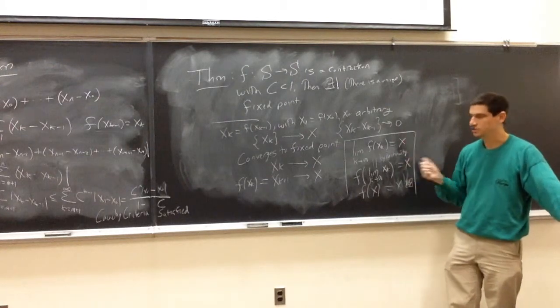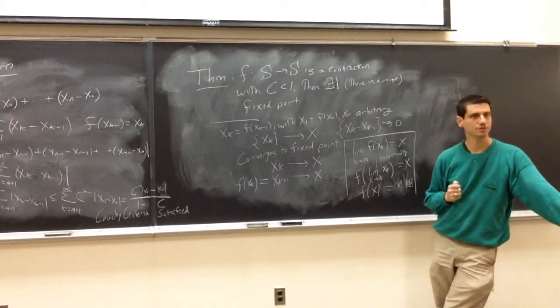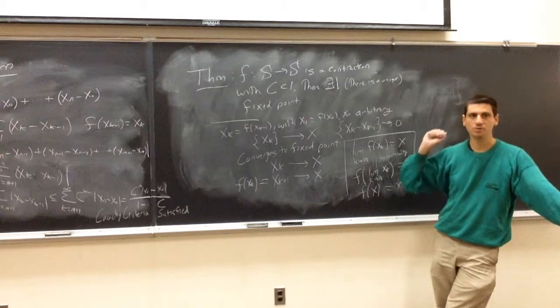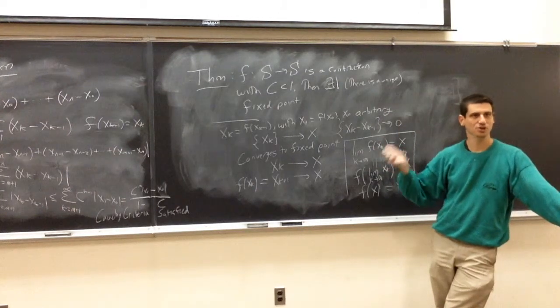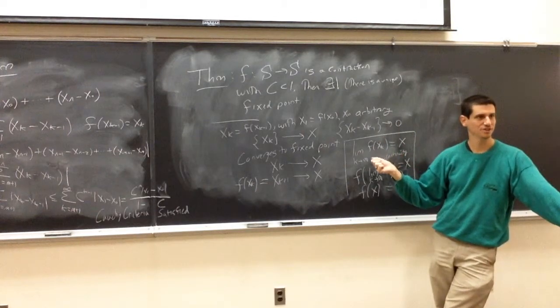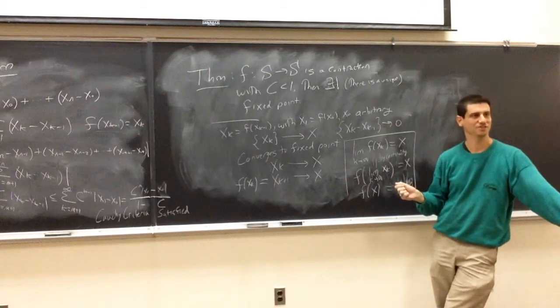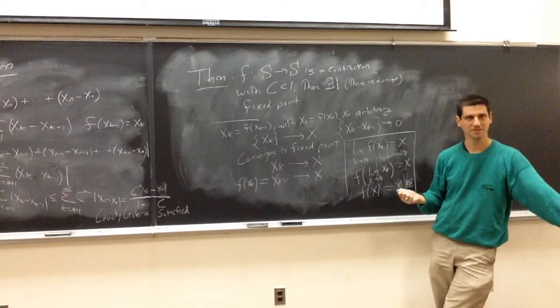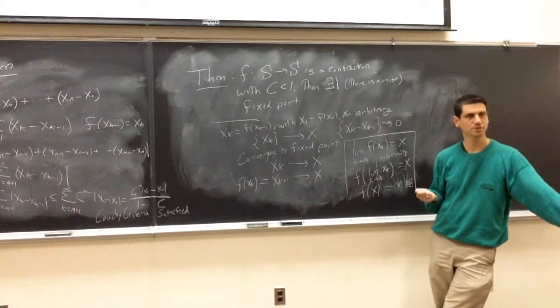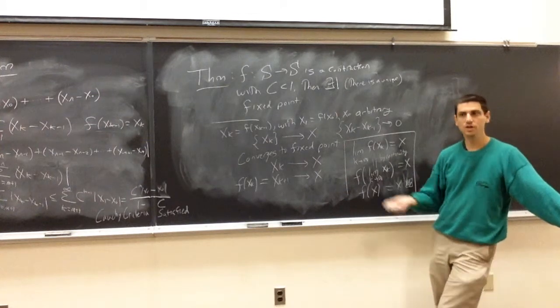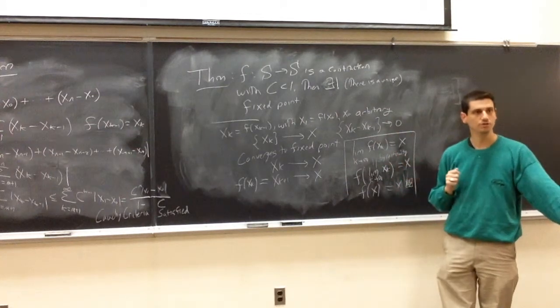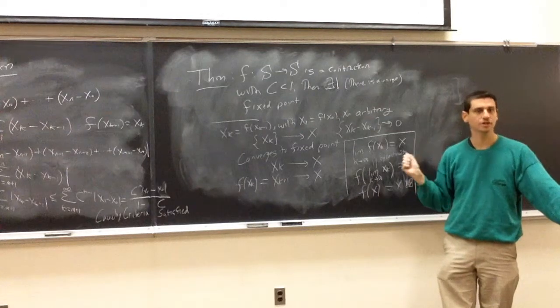So this gives us a constructive way to find the fixed point. This is one of my favorite methods in all of mathematics. Choose a point. Doesn't matter. Keep applying f. Eventually you will hit the fixed point. We can even quantify how quickly we are reaching the fixed point. This is constructive.